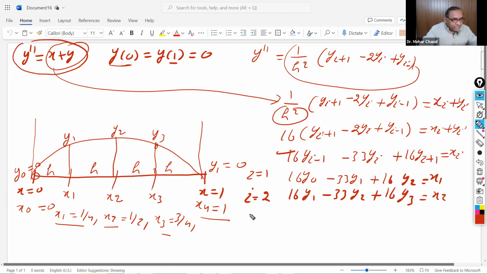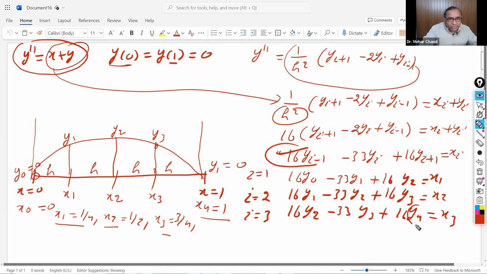When we have i equal to 3, again from the same equation we have 16 y2 minus 33 y3 plus 16 y4 is equal to x3. But the values of y4 and y0 are 0. These values are given.